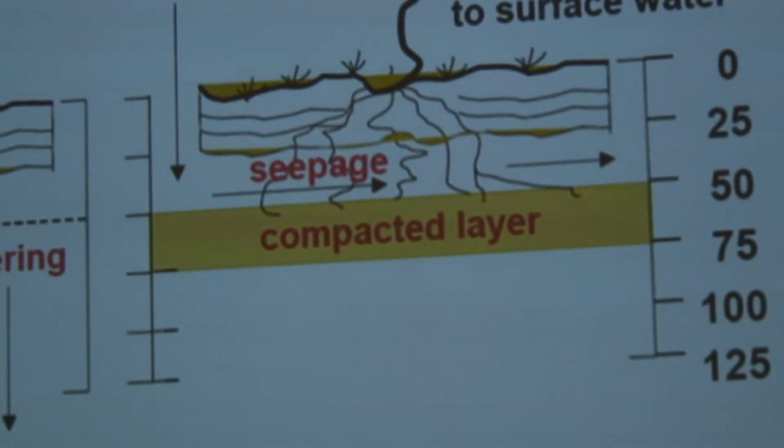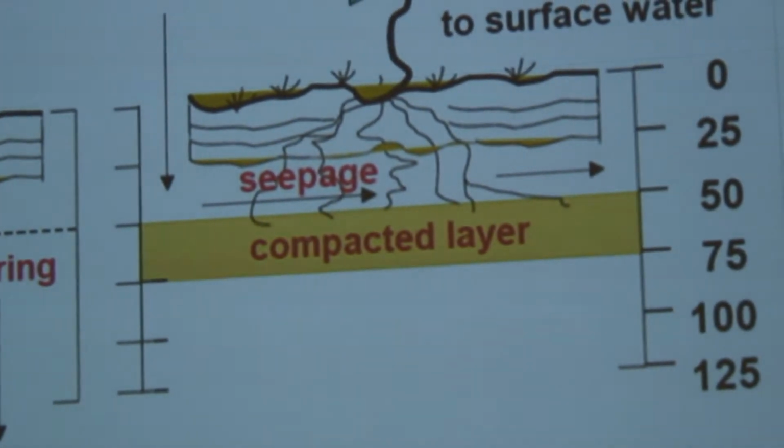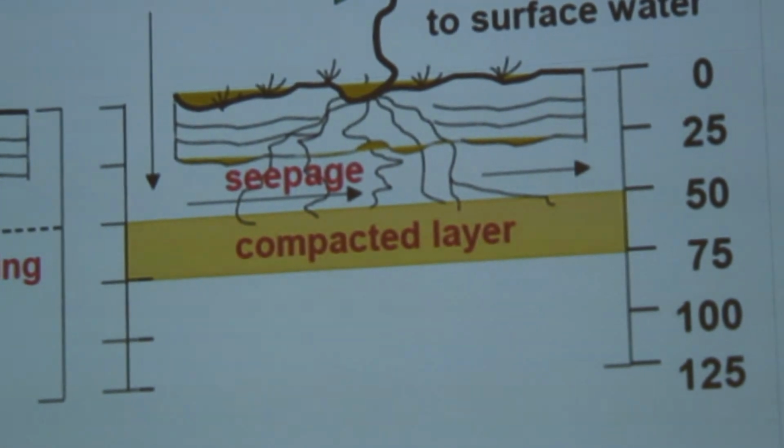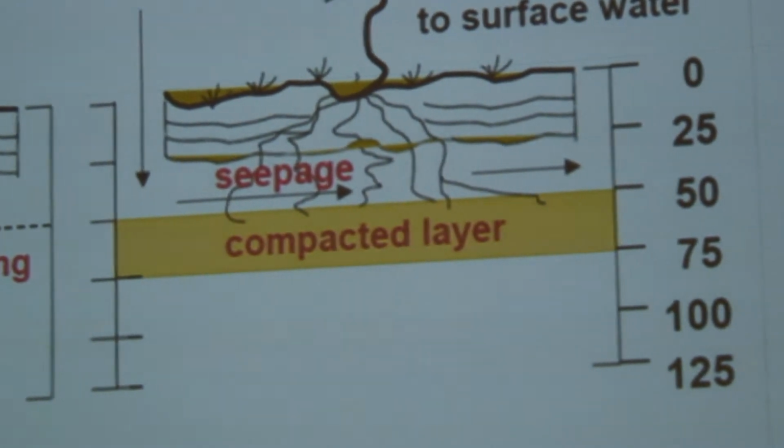This picture shows very clearly the comparison between the non-compact soil and the compact soil. For the non-compact soil, you can see much better root development and a deeper root system, and the plant shoot grows properly, normally and functions well. In the compact soil, when you have a very hard compact layer or pan below the root system, the roots cannot penetrate this root zone, and they have a very shallow root system.